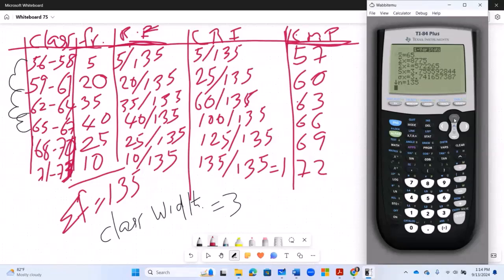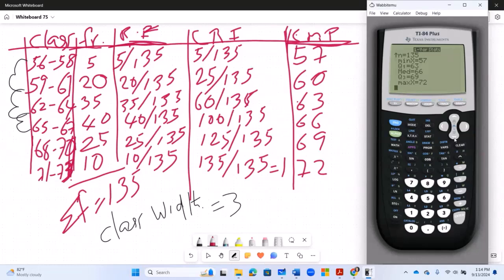The mean is 65, right? Median is 66. So median is 1 greater than the mean. Therefore, data is slightly skewed to the left because the mean is less than the median.